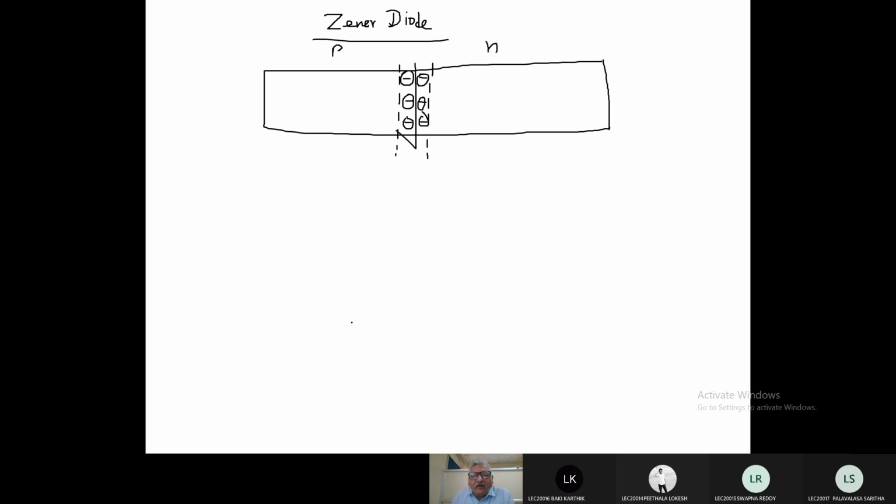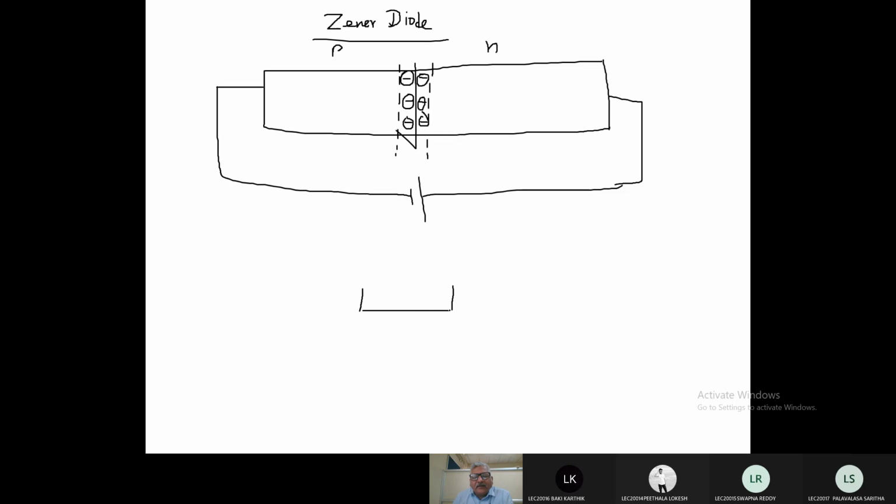Okay, now we have connected this to the reverse bias condition. You tell me one thing, right? Suppose this is some distance d.